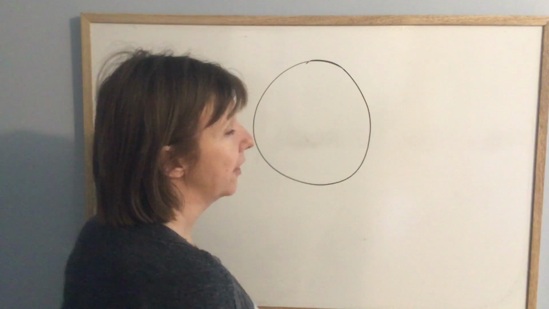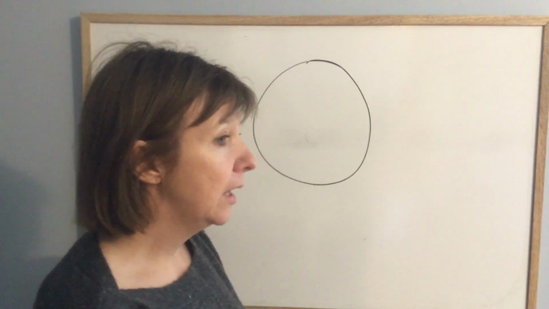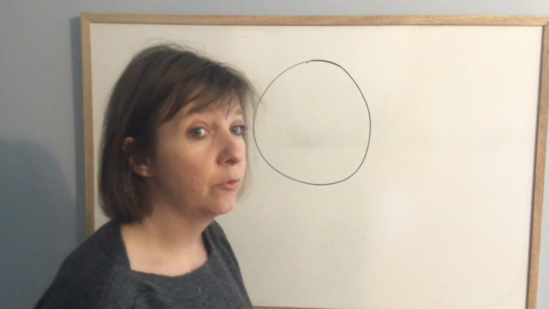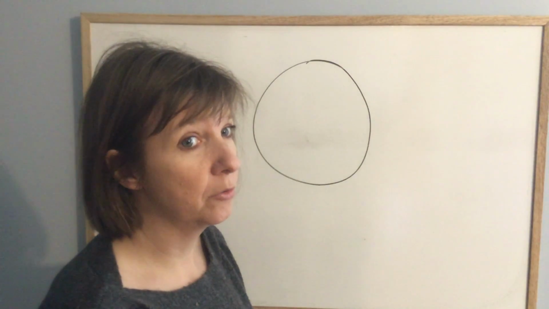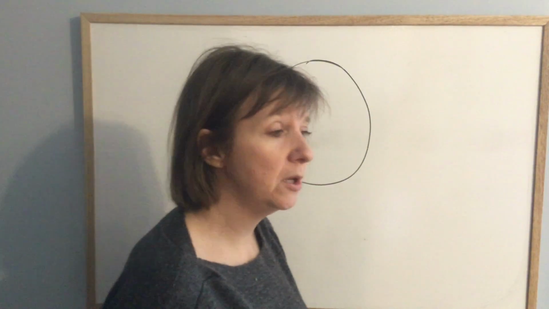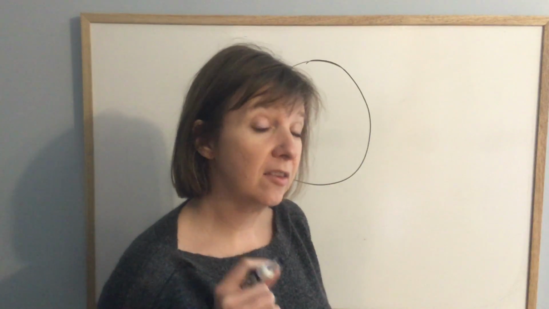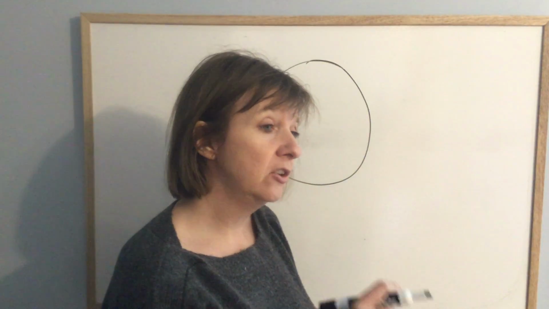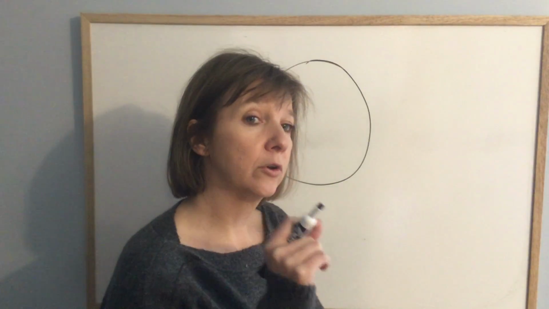So if you are going in a circle, or some facsimile thereof, and your speed is uniform, you can't say that your acceleration is uniform, because even though you're not changing speed, you are changing direction. And acceleration is a change in velocity over time.